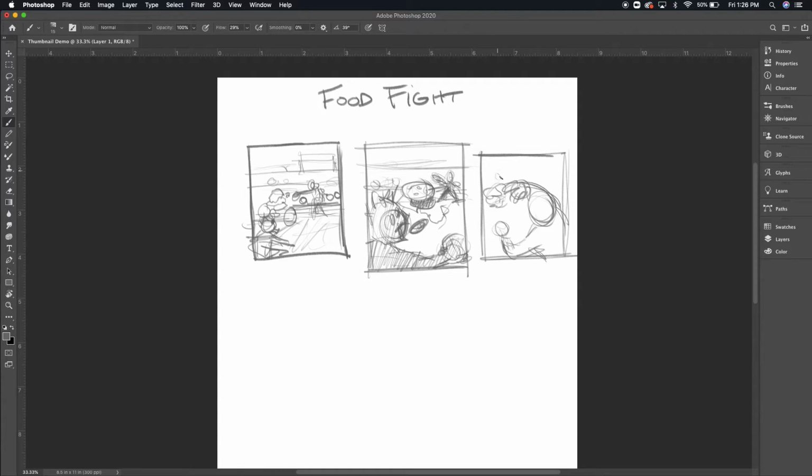And then maybe the kid that he's throwing it at, actually he should probably be a little bit lower. So maybe I need to change the hamburger too. Maybe the hamburger is a little bit smaller because it's traveled farther. And then maybe the kid that's about to get hit is sitting right there.